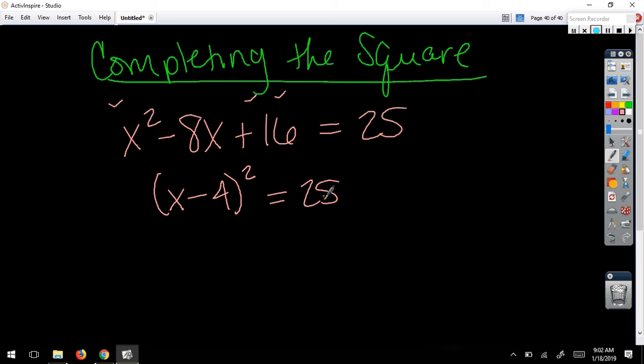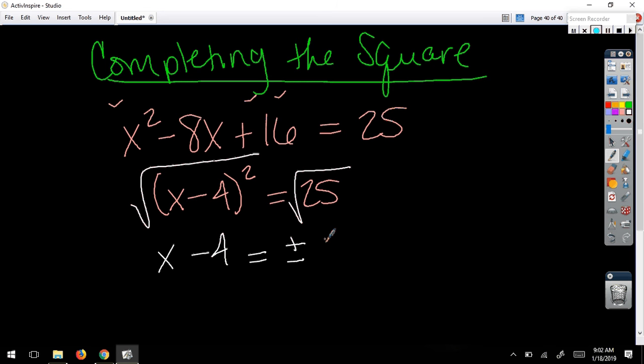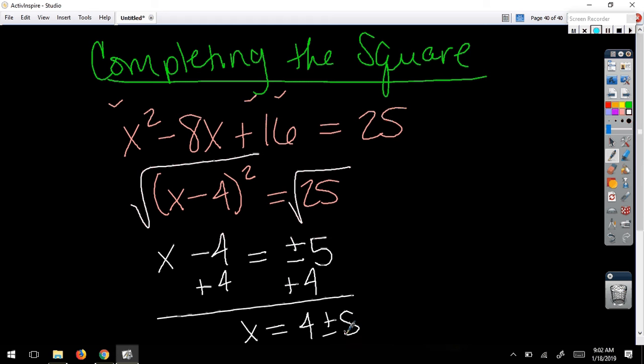That's a pretty easy solve now, right? If I needed to solve that equation, I would go through and do what? Square root both sides. What is the square root of 25? 5 or -5, right? We're talking about 2 x-intercepts, so we're talking about 2 points. And so when I add 4 to both sides, I end up with 4 plus or minus 5.